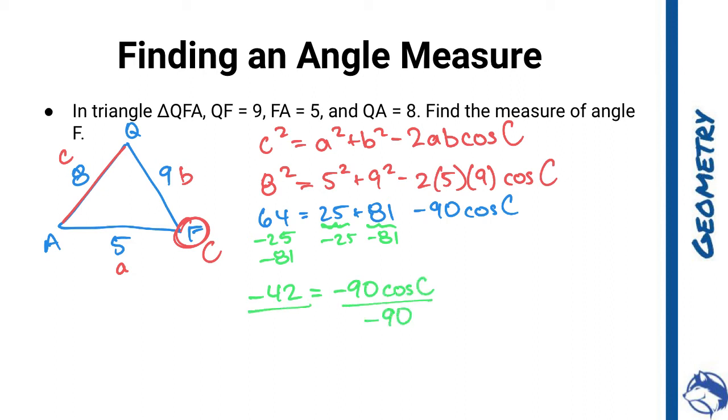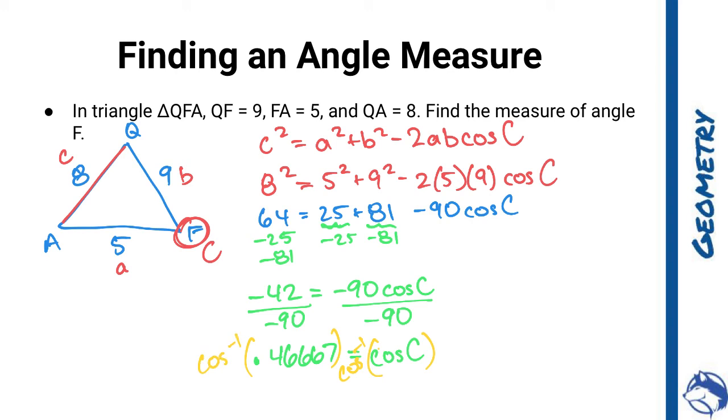Divide by negative 90 to get that cosine of C alone. And you're going to get a decimal here, 0.46667, and that's equal to the cosine of C. Now, remember, to get that angle alone, we need to take the inverse of it, so the inverse cosine, cosine to the negative 1.